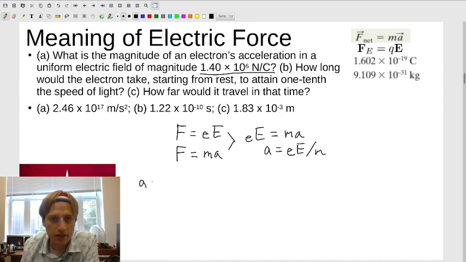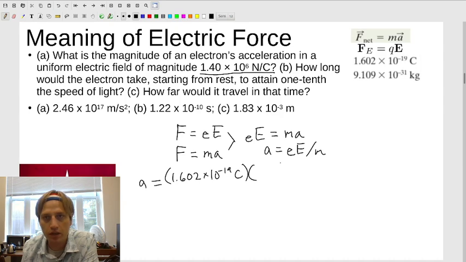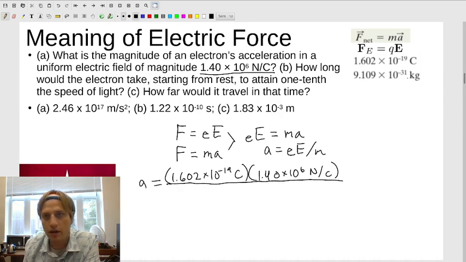So in this case, the acceleration would be my 1.602 times 10 to the minus 19th coulombs, and my electric field strength would be my 1.40 times 10 to the 6th newtons per Coulomb. And then for my mass, I would have to use the mass of the electron, 9.109 times 10 to the minus 31 kilograms.